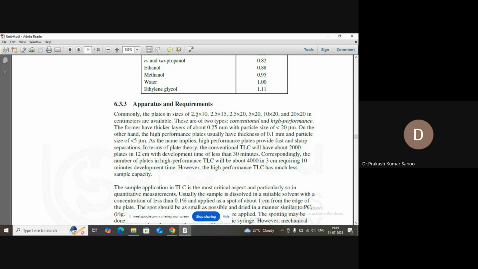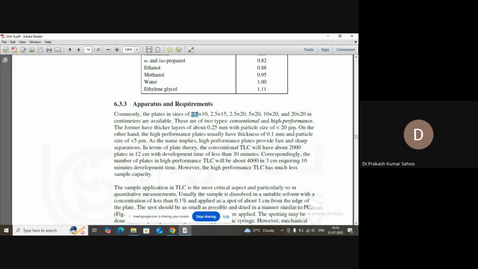The minimum plate size available is 2.5 centimeter by 10 centimeter, followed by 2.5 by 15, 5 by 20, 10 by 20, and 20 by 20. So depending upon your requirement or application, you choose the plates accordingly. There are two types: conventional and high performance.